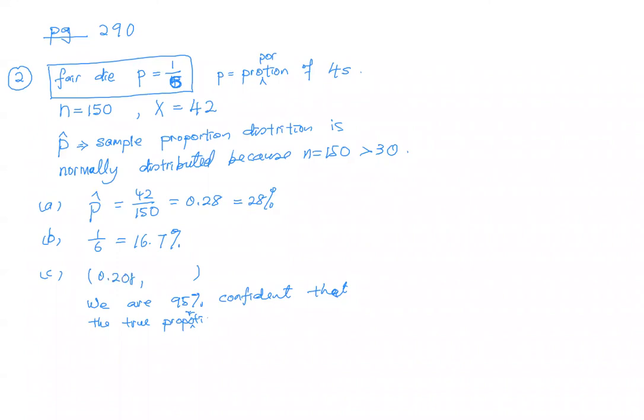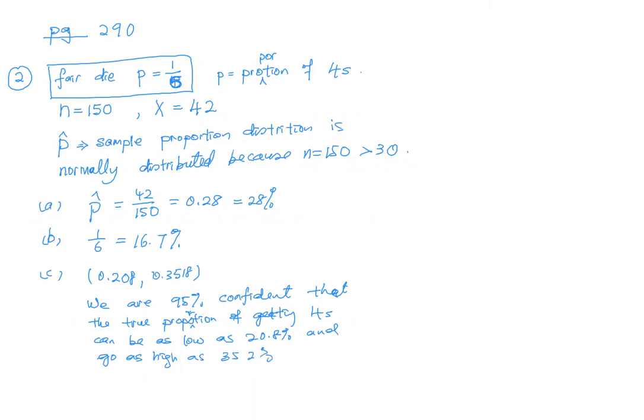0.208. The other end, 0.3518. Okay, so we are 95% confident that the true proportions of getting 4 can be as low as 20.8% and go as high as 35.2%.